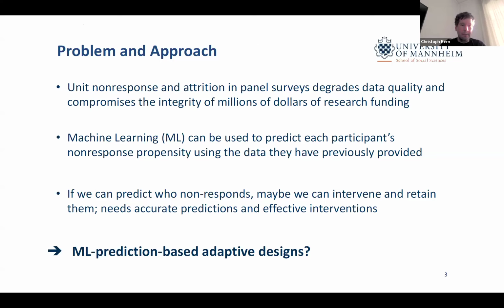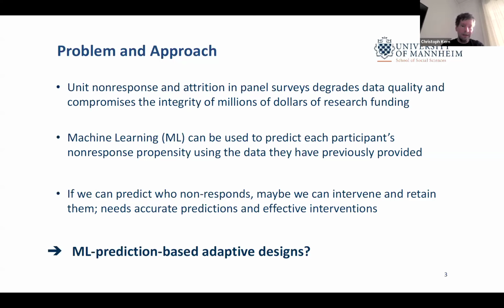Good. Starting with the overall problem setup. We are, I think, well aware that unit non-response and attrition in panel surveys is a big issue, as it has consequences for data quality, which eventually also compromises the integrity of research funding, since we understand that we lose valuable panelists, and data quality leads to issues downstream when it comes to research findings, substantive research.